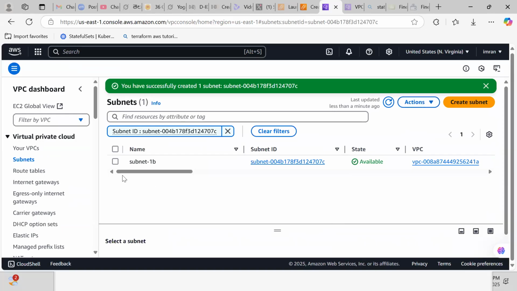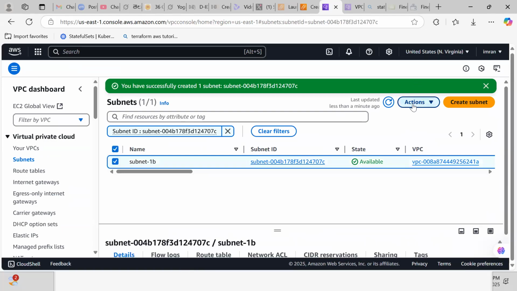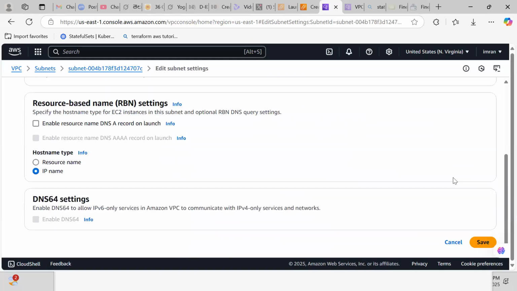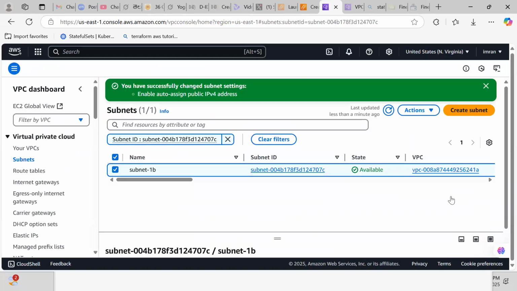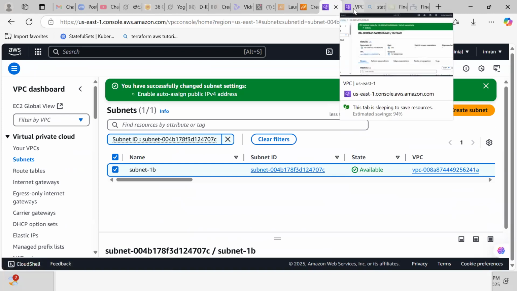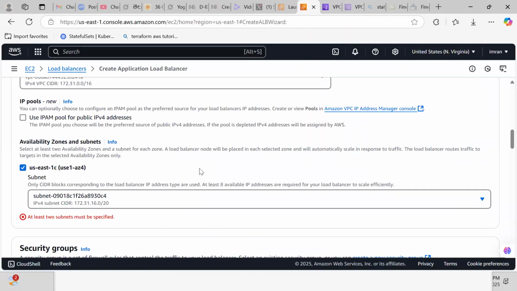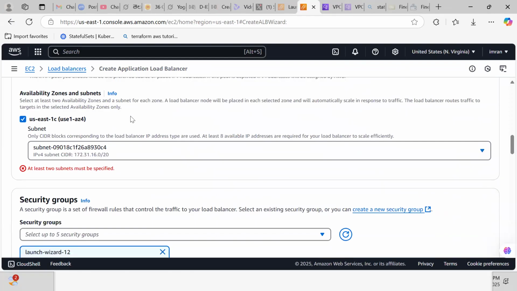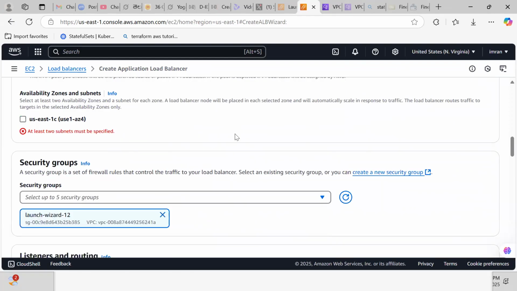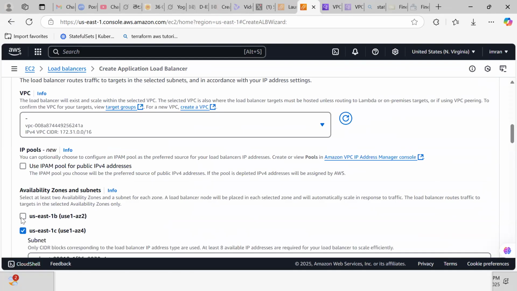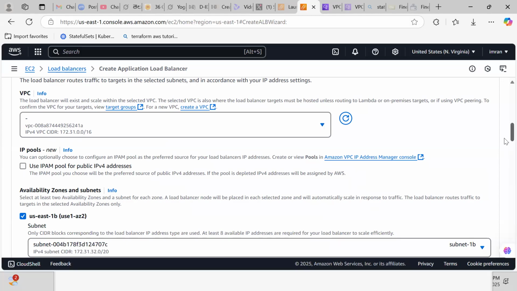Okay, so then this is the 1B subnet, and auto-assign IP addresses also. Here we have two subnets now.